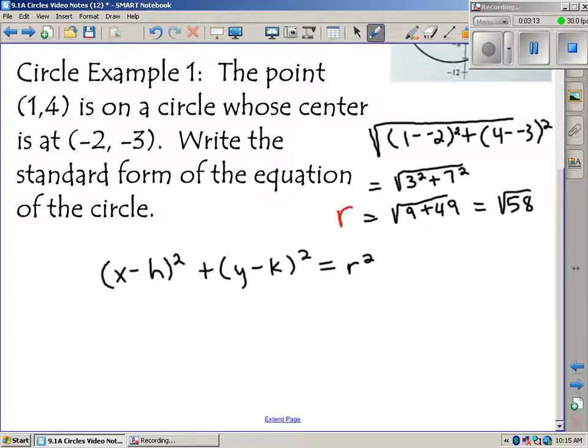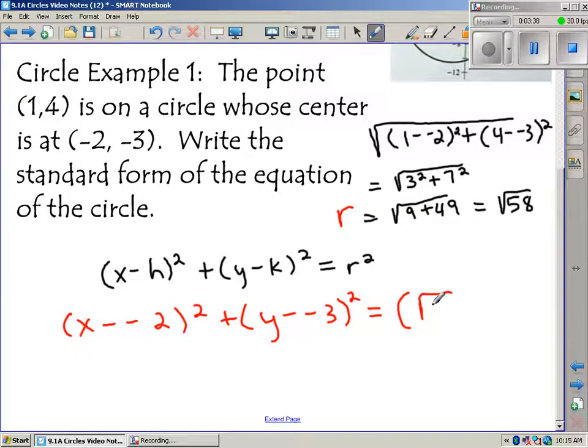So we have x minus, well, our h is -2, squared plus y, our k is -3, so y minus -3 squared, and then our r is the square root of 58, and we're going to square it.